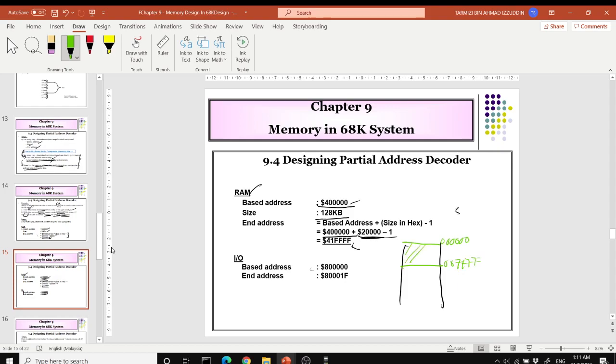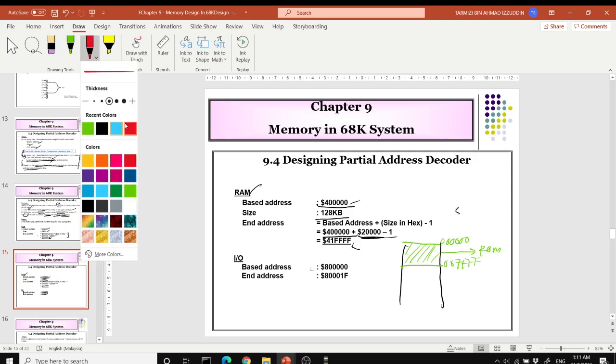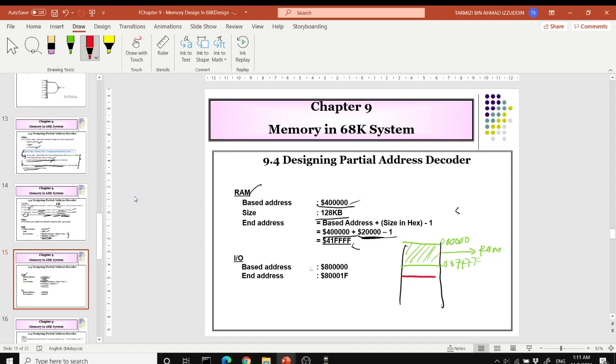This memory address range will be allocated to your ROM. In the next part, your RAM, starting from 400000 to 41FFFF, will be allocated to your RAM.